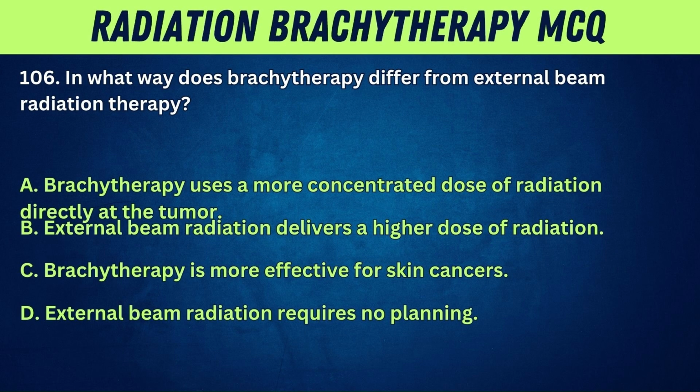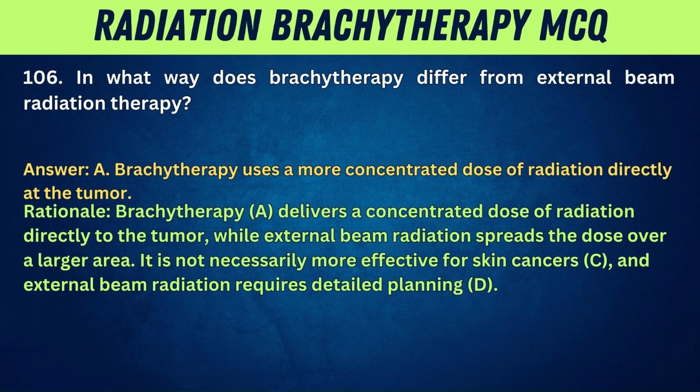106. In what way does brachytherapy differ from external beam radiation therapy? A. Brachytherapy uses a more concentrated dose of radiation directly at the tumor. B. External beam radiation delivers a higher dose of radiation. C. Brachytherapy is more effective for skin cancers. D. External beam radiation requires no planning. Answer: A. Brachytherapy uses a more concentrated dose of radiation directly at the tumor.